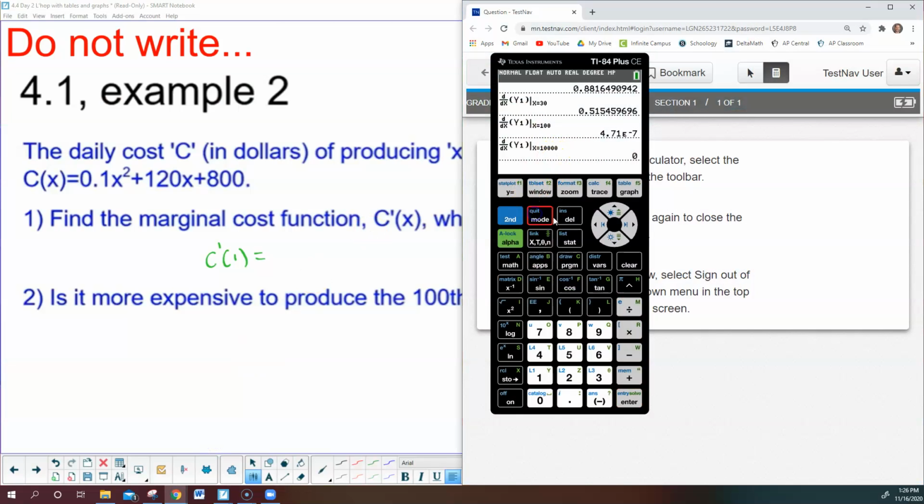I'm going to clear the screen, and I'm going to go second math. Oh, I'm sorry, just math, not second. And then we're going to select option 8. So I'll hit enter. And I want to do X because that's my variables. It doesn't matter if it says T or anything, you're still going to put X. Then you're going to type this equation in because I didn't put this into my Y equals.